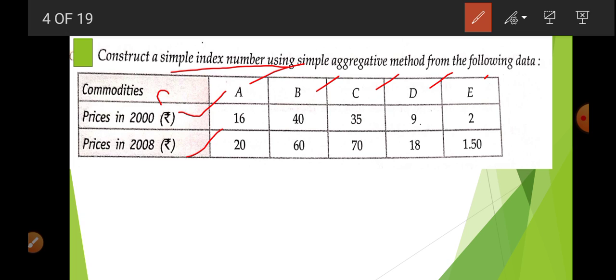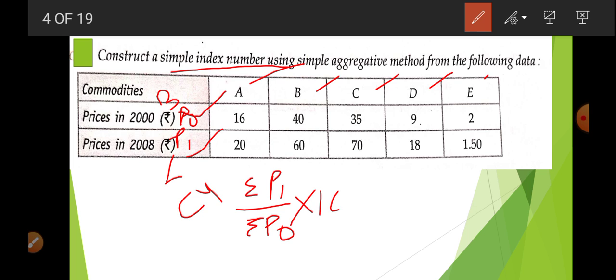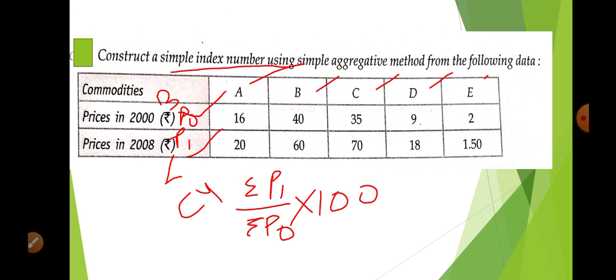So this will be your base year and this will be your current year, that is, this will be your P0 and this will be your P1. When we are going to use the simple index number, the equation is P01 equals sigma P1 upon sigma P0 multiplied by 100. We studied this here. Okay.